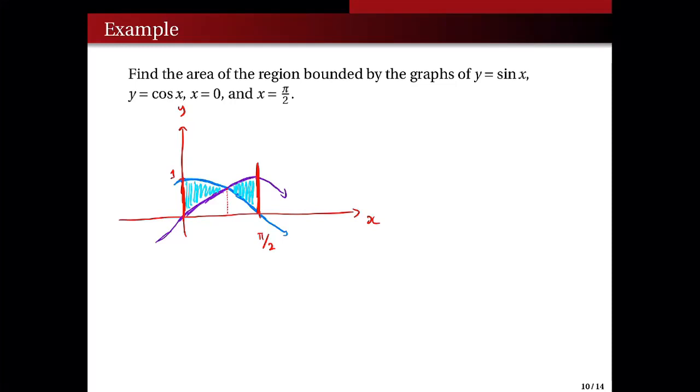From x equals 0 to this point, the above function is the cosine function, and the below function is the sine function. On the other interval, the above function is your sine function, and the below function is your cosine. So they interchange location, and you need to determine what the point of intersection is.